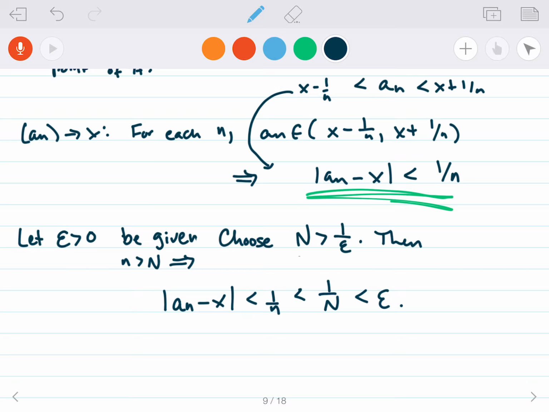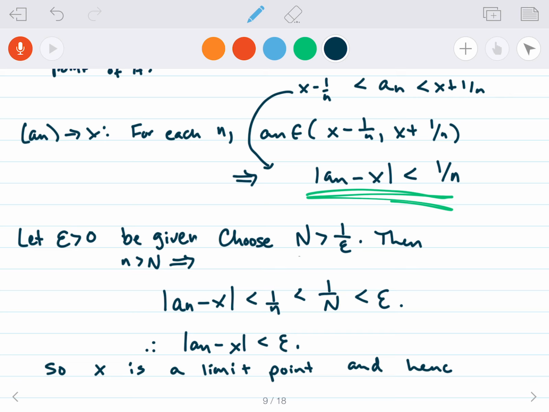And we're done. So the absolute value of a sub n minus x is less than epsilon. So x is a limit point, and hence A doesn't contain all of its limit points. Okay, and we're done. So that was the proof.